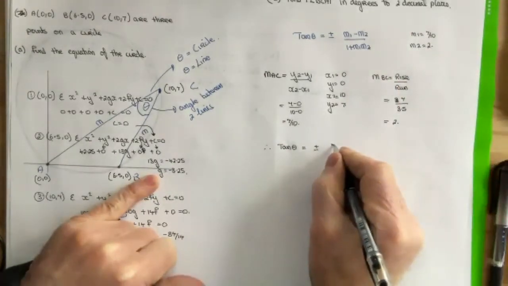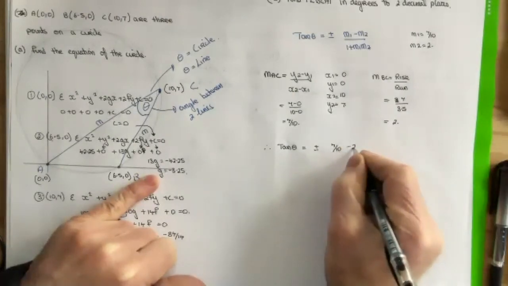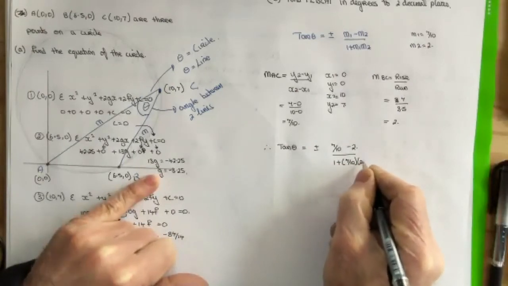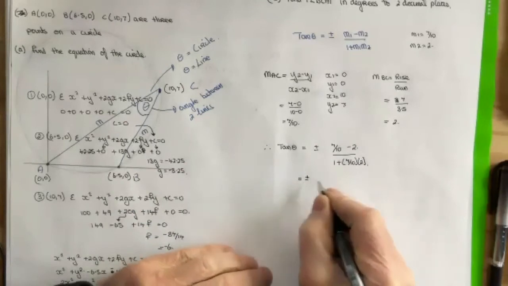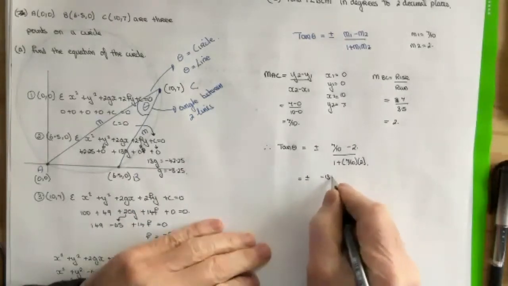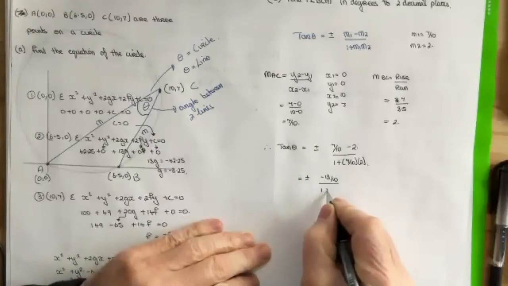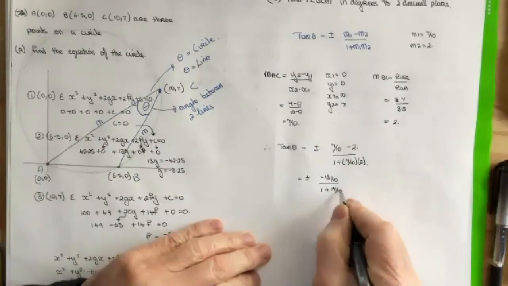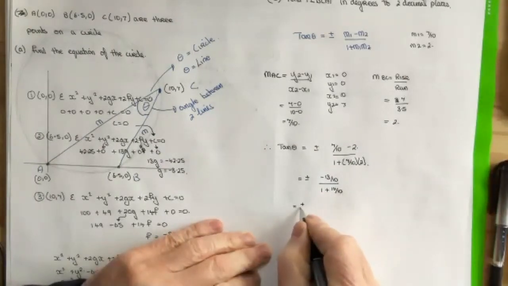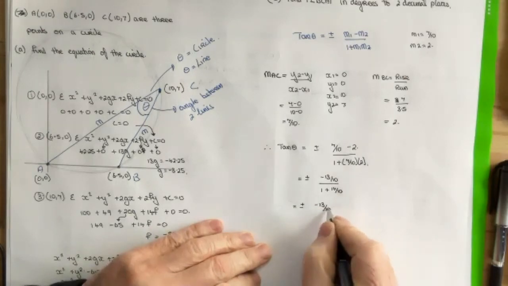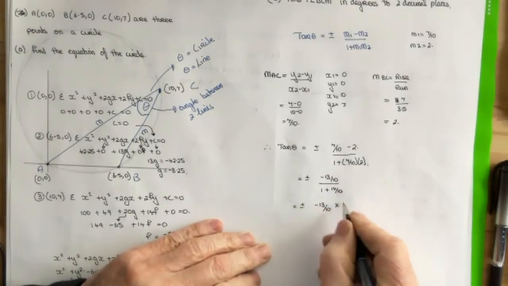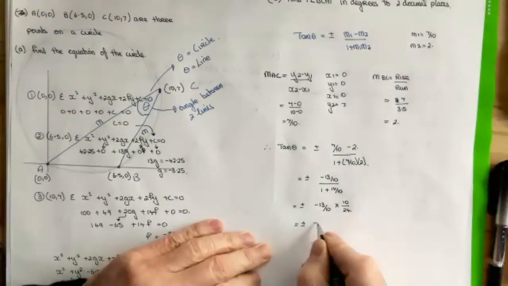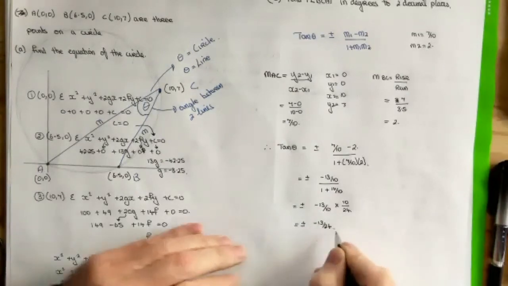Plus or minus 7/10 minus 2 all over 1 plus 7/10 times 2. That's equal to plus or minus minus 13 over 10 all over 1 plus 14 over 10. That's equal to plus or minus minus 13 over 10 divided by 24 over 10, which is plus or minus 13 over 24.